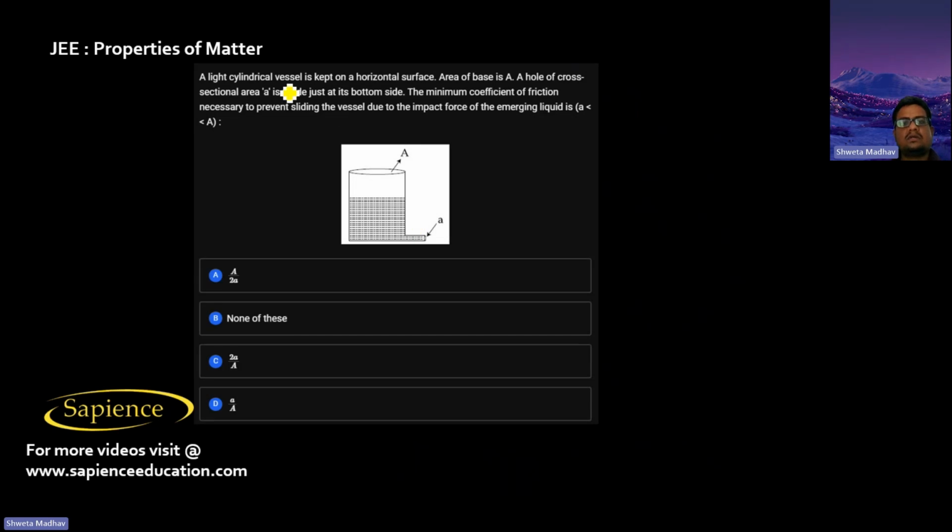And here it is told a light cylindrical vessel is kept on a horizontal surface. Area of the base is A. A hole of cross-sectional area small a is made just at its bottom side.